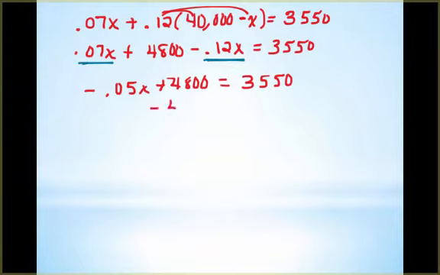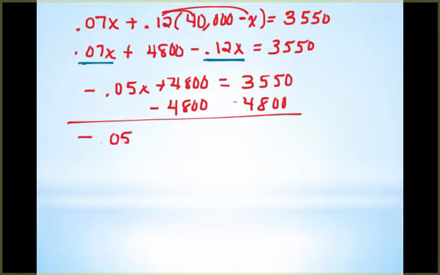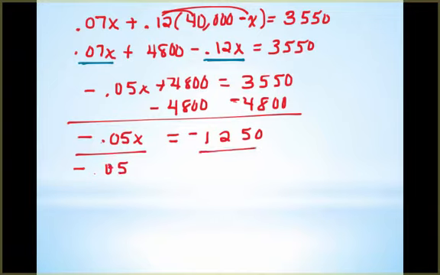Now we'll subtract the 4,800. Gotta be very careful about our signs. Divide by negative 0.05. And I get that x is going to be 25,000.